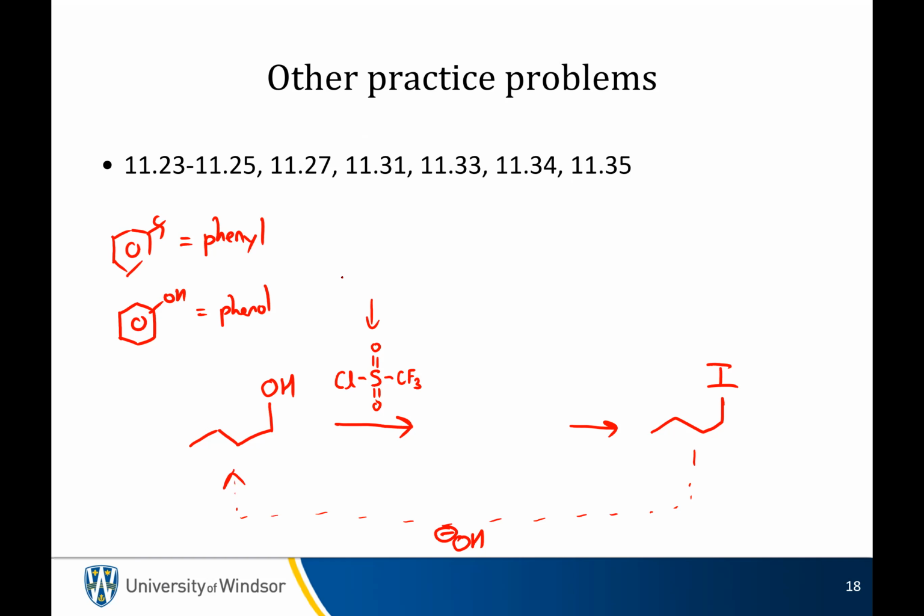It's got a longer name, but I'm not going to use it. Trifluoromethane sulfonyl chloride, but I'm just going to call it triflic chloride. And if you look it up online, you'll see that. And normally there'll be a really weak base present. My favorite weak base is imidazole.